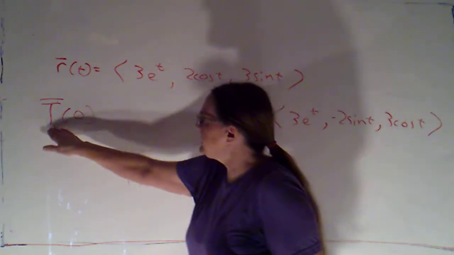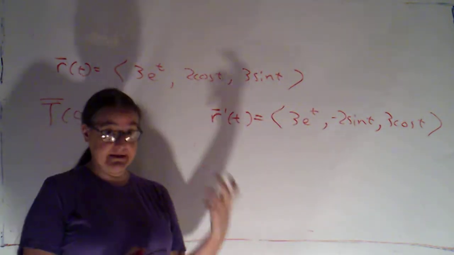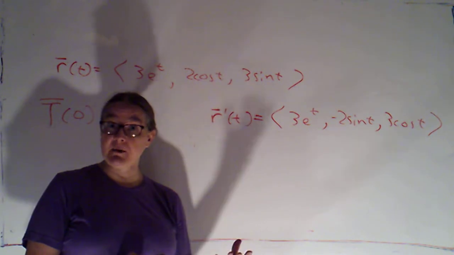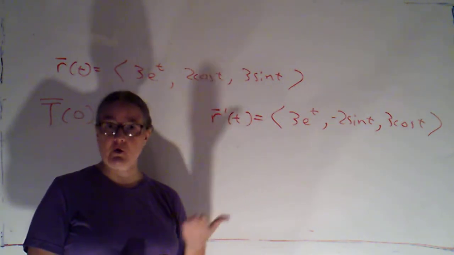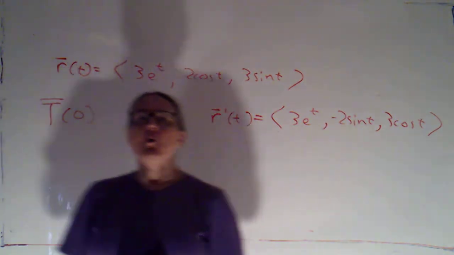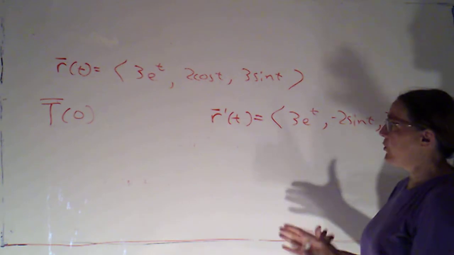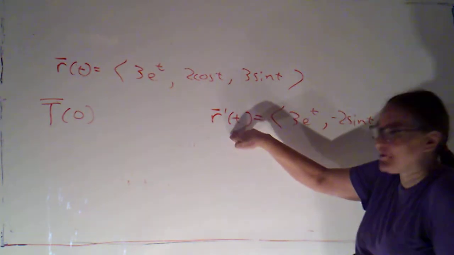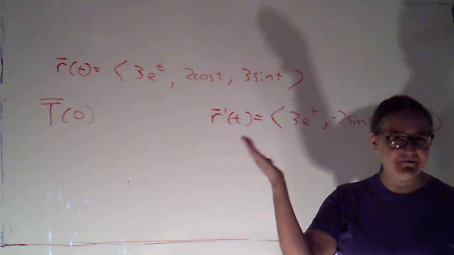Now, if I want to find T of 0, I've got two more steps to do. I've got to plug in 0, and I've got to normalize things. And I can actually do that in either order in this case. When I'm plugging something in, very important that I take the derivative first. If I plugged in 0 first, I'd have a constant function and the derivative would be 0.